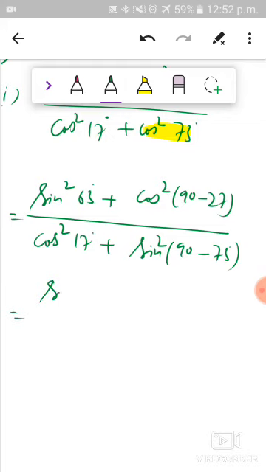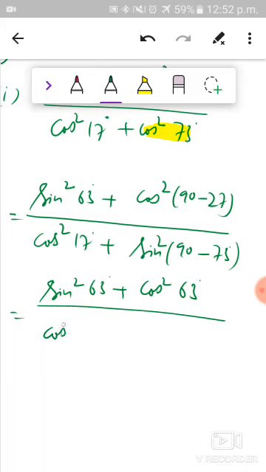So we can write sin² 63 degrees plus cos² (90 minus 27, that is 63), divided by cos² 17 degrees plus sin² (90 minus 73, that is 17).